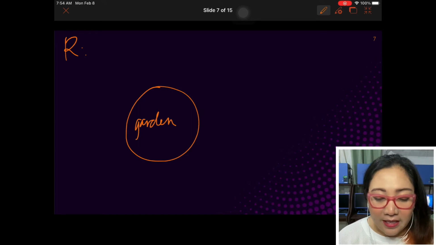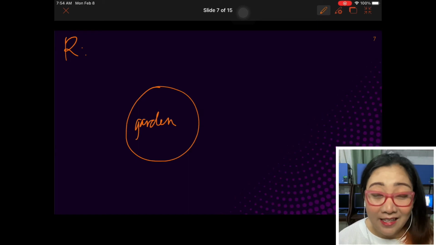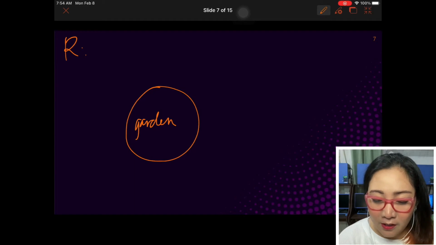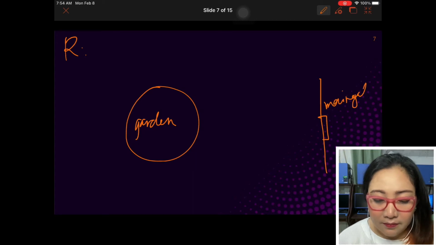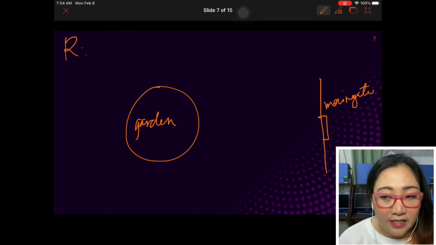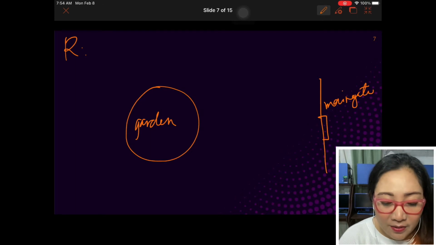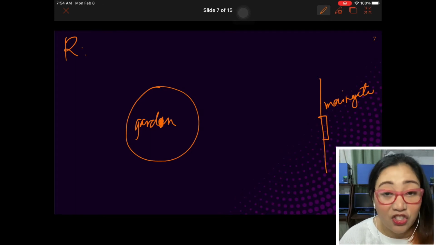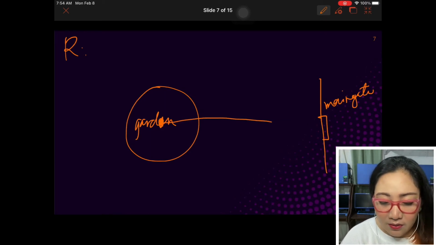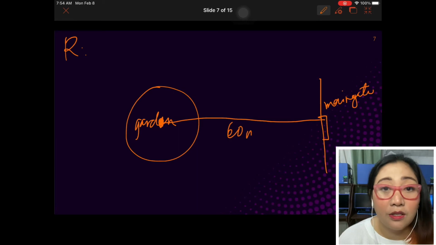And then, you also have your main gate na tinatawag din sa park. Sabihin natin ito yung main gate mo. Yan. Main gate. And then, how far is it from the center of the garden? So, sabihin natin dyan sa A, papunta daw dun sa main gate, yung distance daw na yan ay 60 meters.